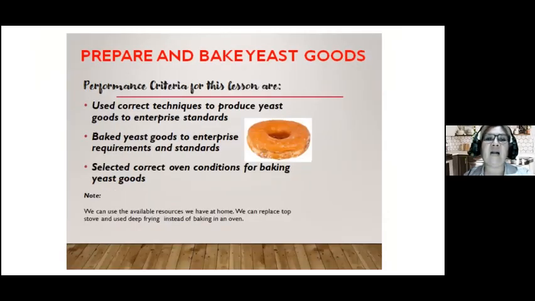Also, we have to use correct techniques to produce these foods to enterprise standards, bake these foods to enterprise requirements and standards, and select correct oven conditions for baking these foods.